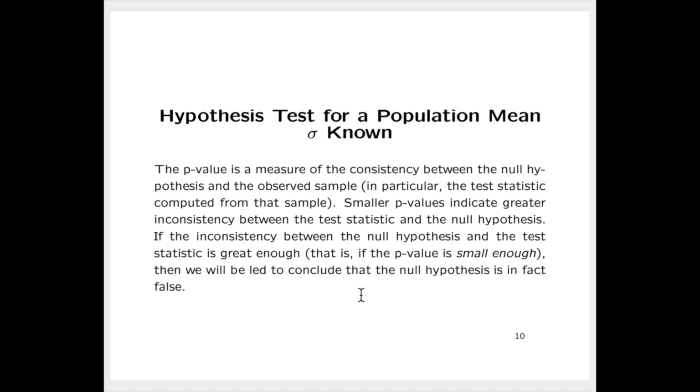And if the data are inconsistent enough with that null hypothesis, we're going to reject the null hypothesis and conclude that the alternative hypothesis is true. And so this p-value that we're talking about on this slide is a way of measuring whether or not the data are consistent or inconsistent with that null hypothesis.